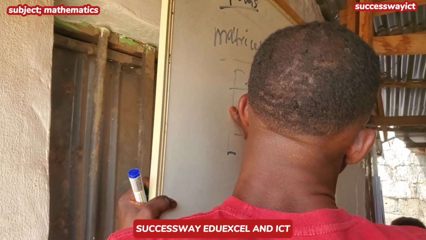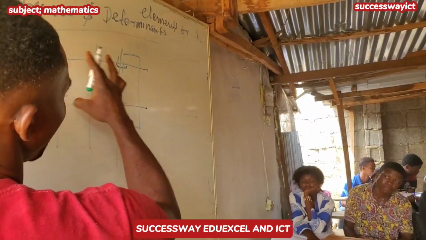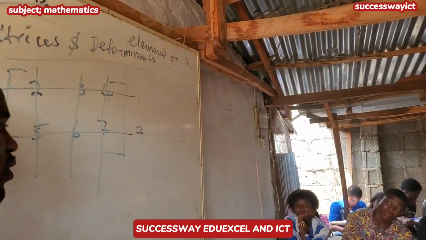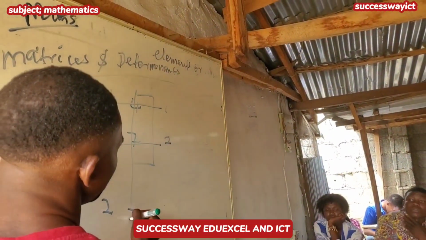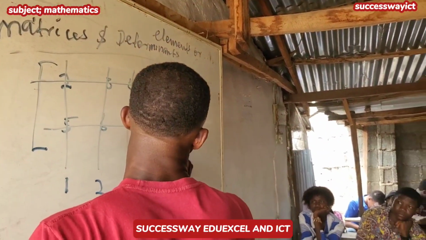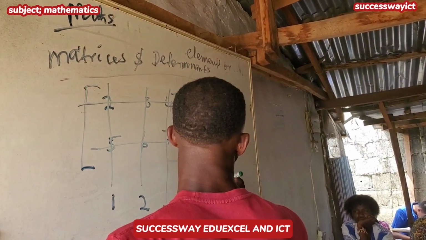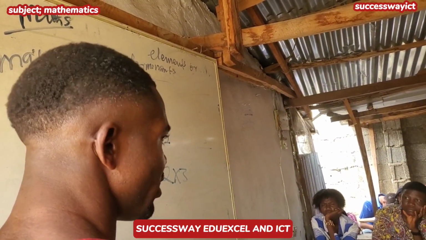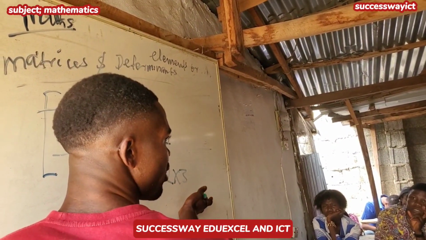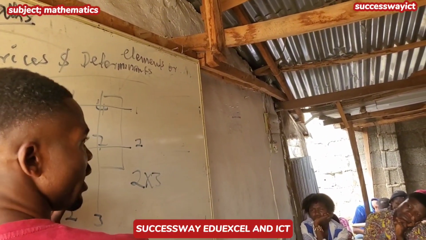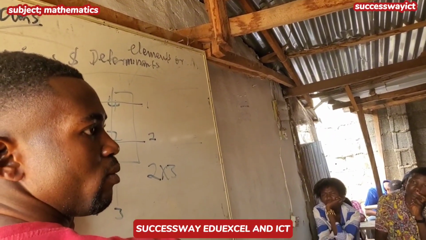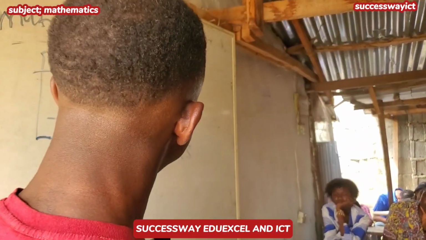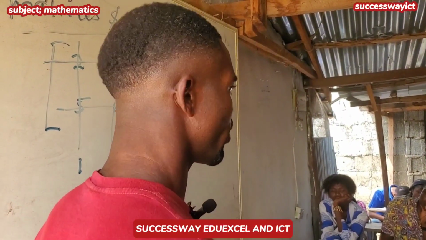How many rows do we have here? 1 and 2. How many columns? 1, 2, 3. Written as 2 by 3 matrix. That is the order of arrangement. We read the row first before coming to the column.